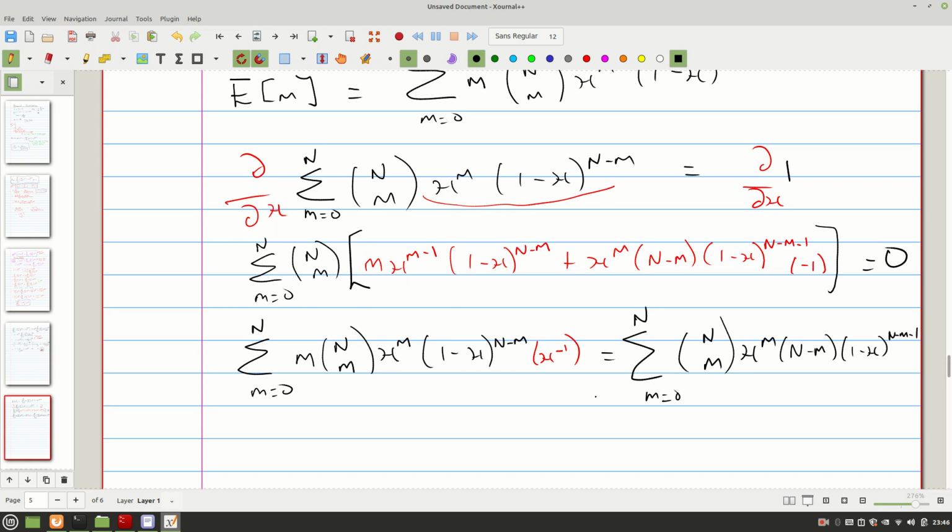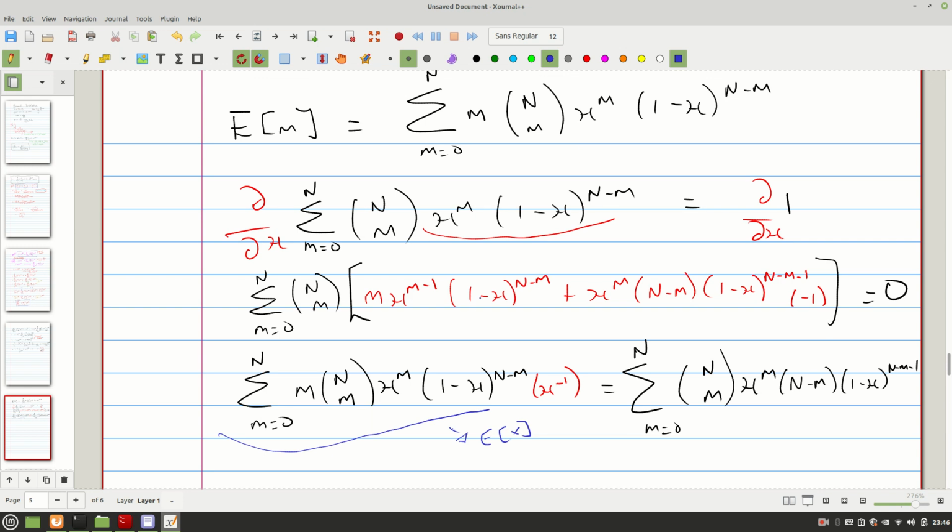Okay, so already we can see something here. The term over here that we see in black is actually just the expectation of x, as defined here. That's how the expectation of x is defined.